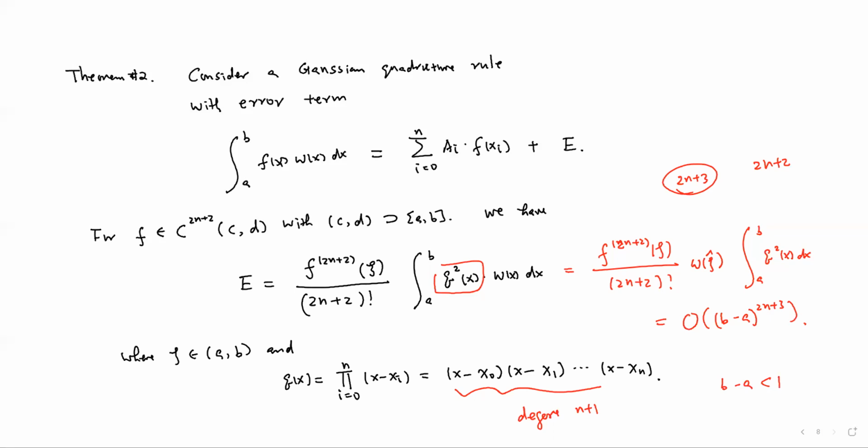The third theorem. Theorem number 3. For each n, where n is from the set 1, 2, 3, and 4, we have a Gaussian quadrature formula, right?